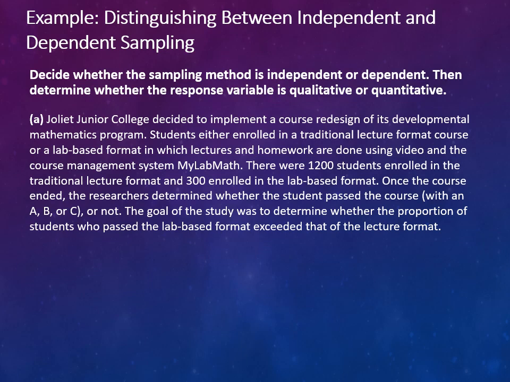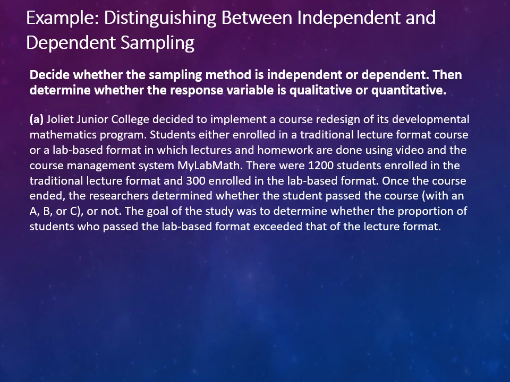Students either enrolled in a traditional lecture format or a lab-based format in which lecture and homework are done using video and the course management system, MyLab Math. There were 1,200 students enrolled in the traditional lecture format and 300 enrolled in the lab-based format.